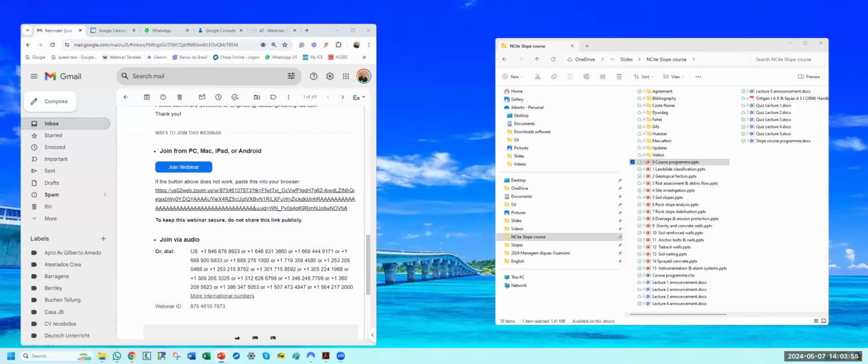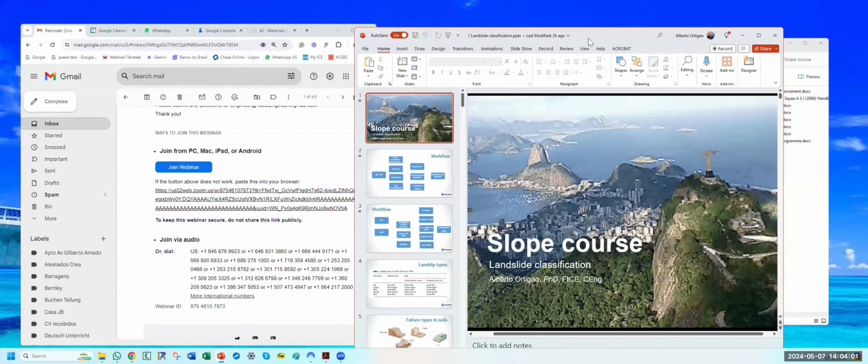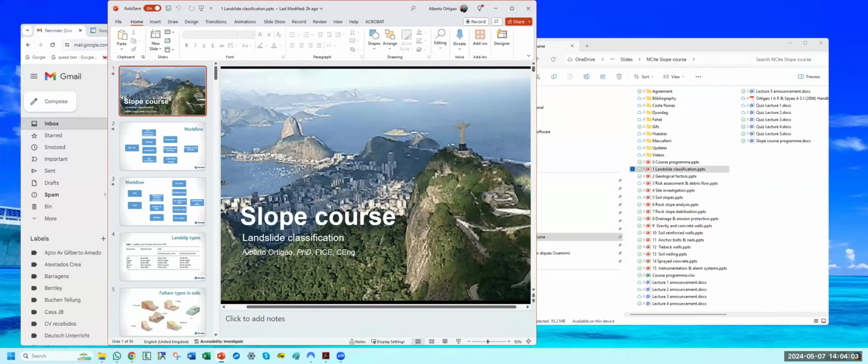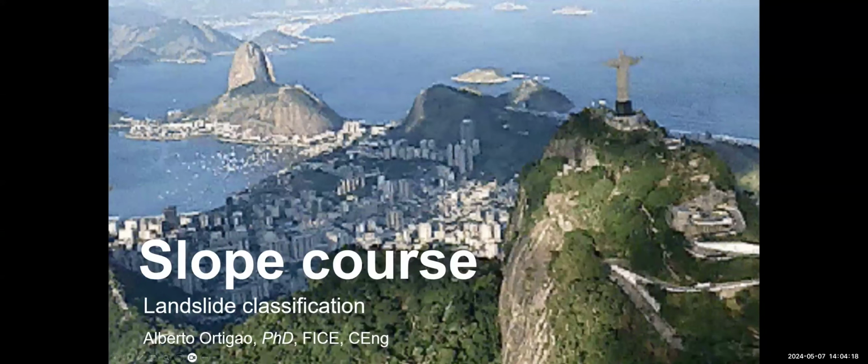Let me share the screen again. Landslide classification, so that's the purpose of this lecture. I hope you can see my screen.